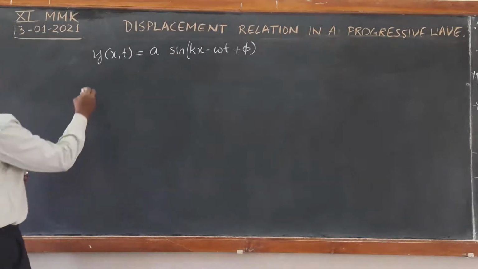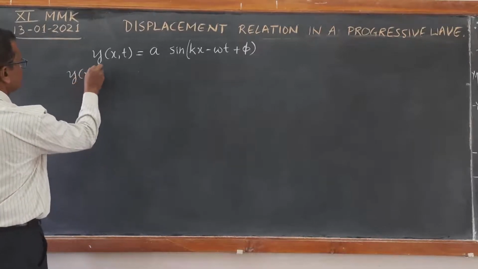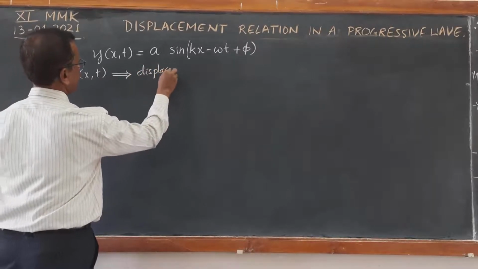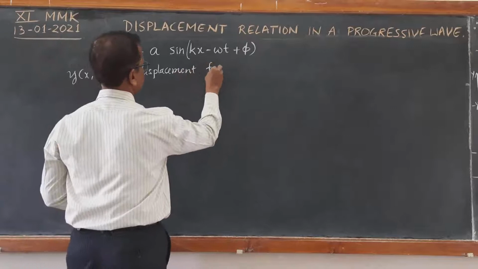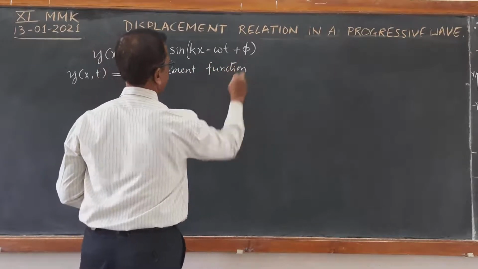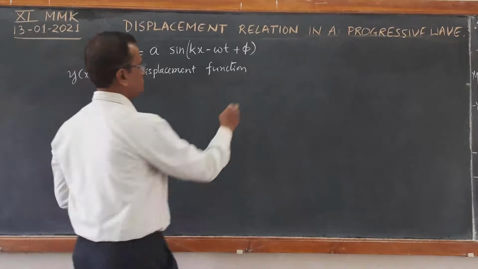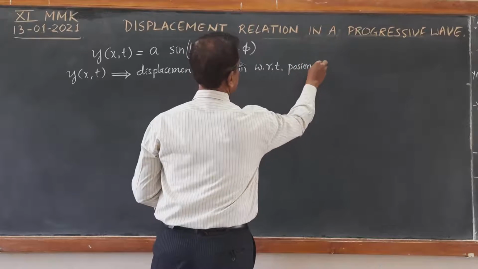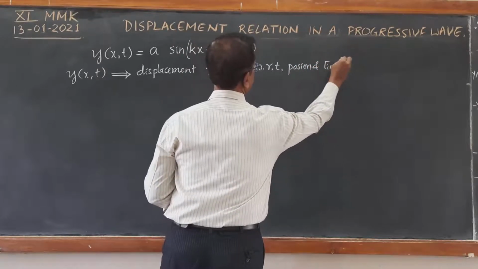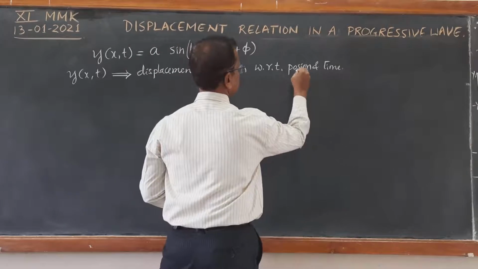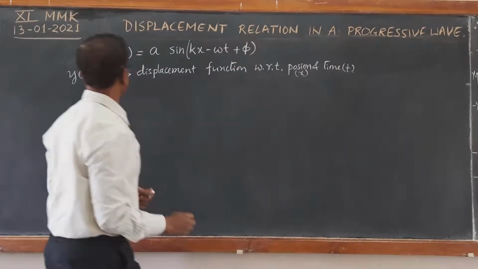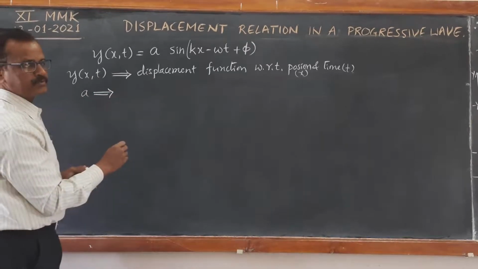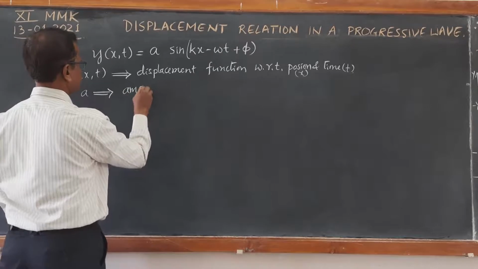Now we can write what these are. y represents the displacement function with respect to position x and time t. A represents the maximum displacement, what we call amplitude.